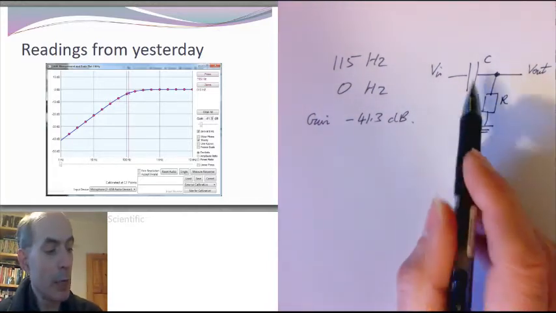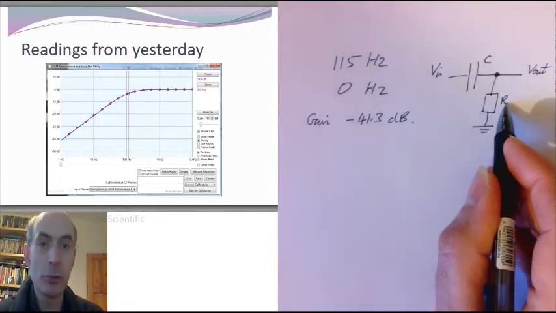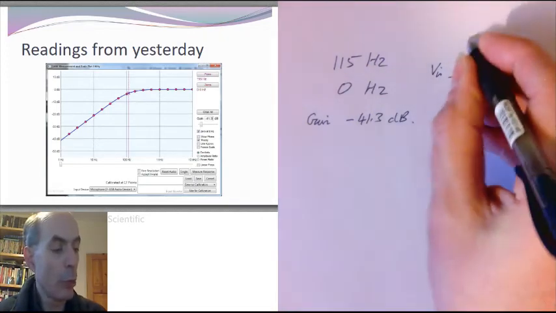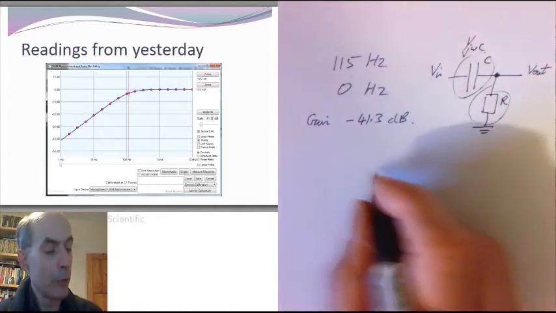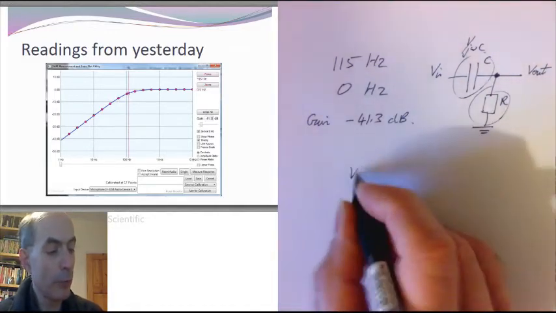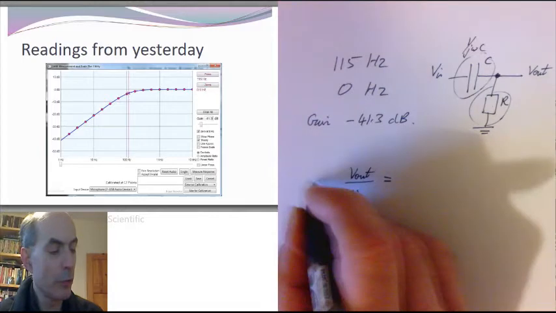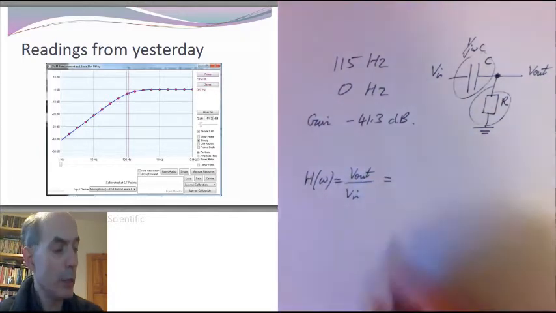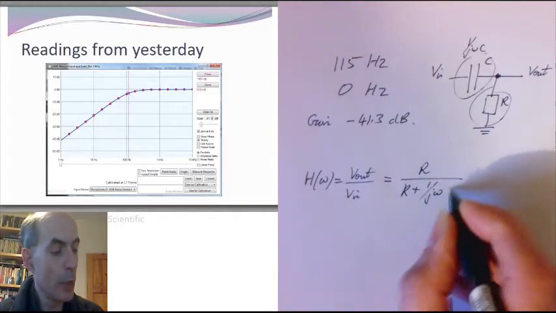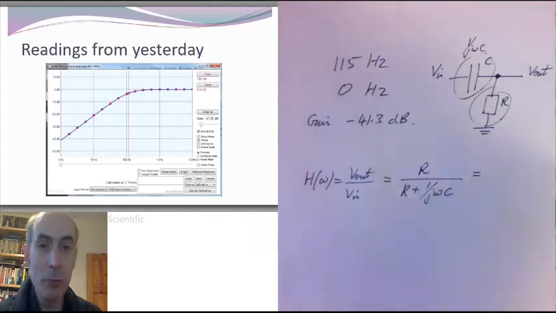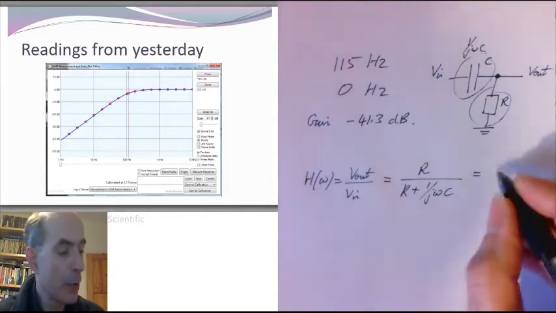We replace every passive component with its complex impedance, which for a resistor is just equal to R, and for a capacitor is equal to 1 over j omega C. And then use the potential divider formula to tell me that the response of this, which is V out over V in, remember these are both phasors, is, in this case, R over R plus 1 over j omega C, and I can get that in the form of the ratio of two polynomials by multiplying every term, top and bottom, by j omega C. That gives me this.